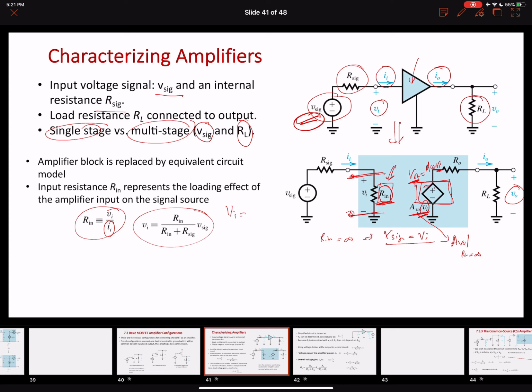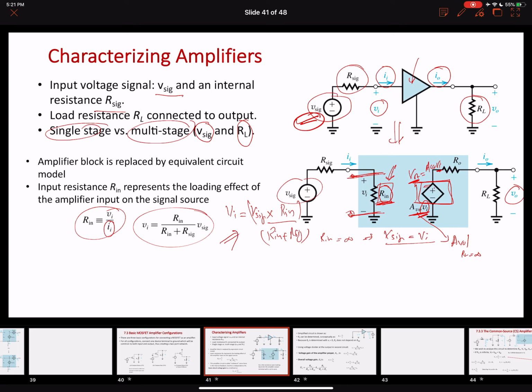So Vi is Vsig times Rin over Rin plus Rsig, right? This is the input voltage that is appearing at the input of the amplifier.